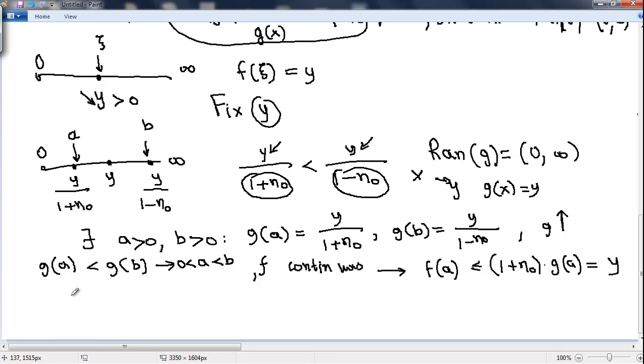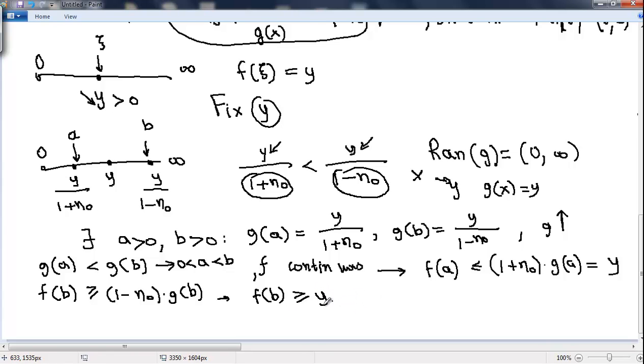From the above relation again I will get f of b is more than 1 minus eta 0 times g of b. If I substitute g of b with y over 1 minus eta 0, I will get that f of b is greater or equal than y.